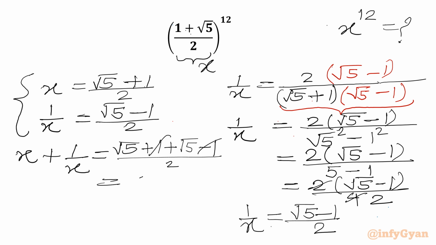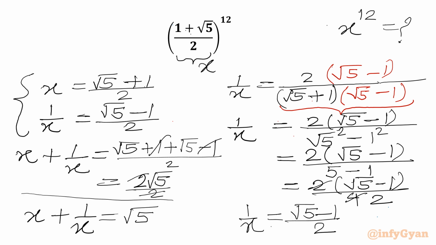I can write 2 square root 5 over 2. So 2 and 2 will be over. I will get x plus 1 over x equal to square root 5. I can write x plus 1 over x equal to square root 5.